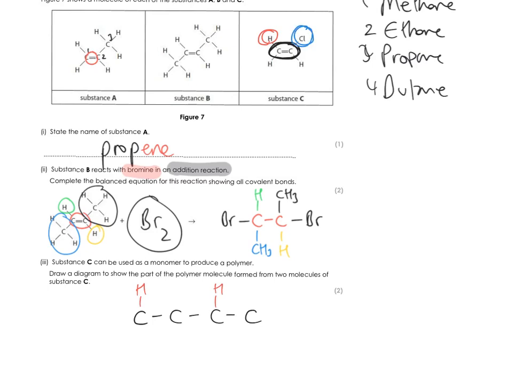You're going to have a Cl on the second carbon of each of those. You can have this H here on the first carbon of each of those, and this H here on the second carbon, like that. And finally, because this double bond isn't there anymore, you've got bonds going out either side, like so.